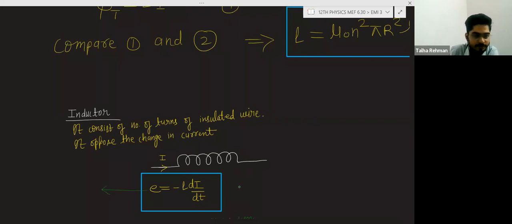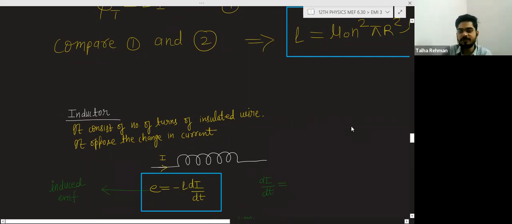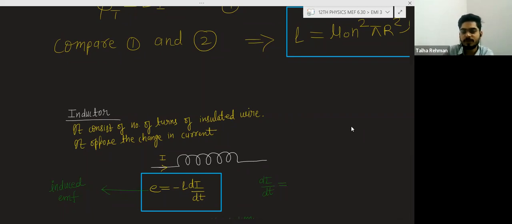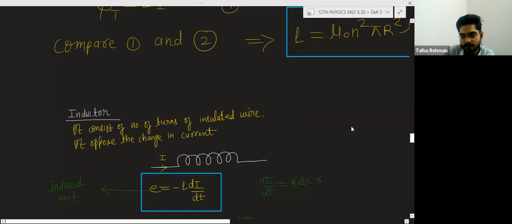Induced EMF in the inductor. What is di by dt? Rate of change of current, meaning the current is changing with time.